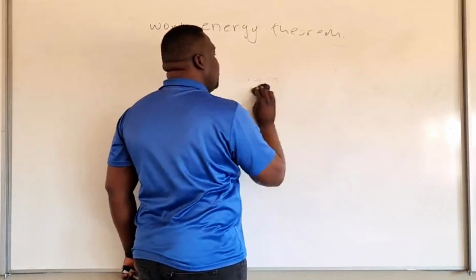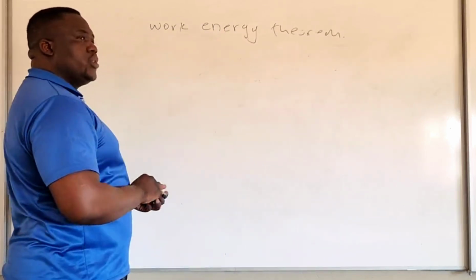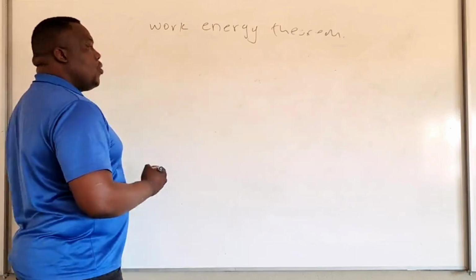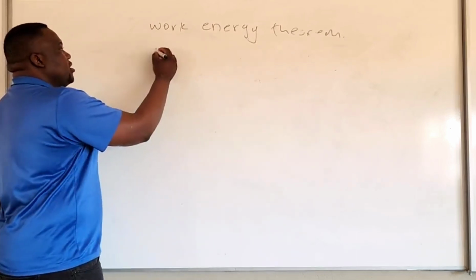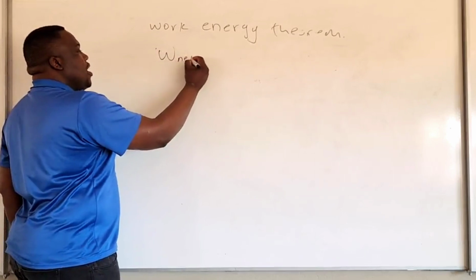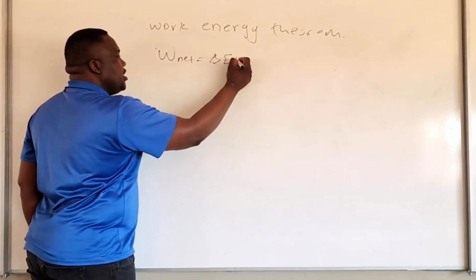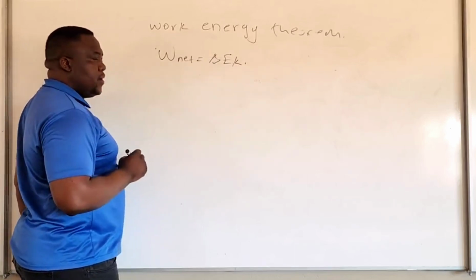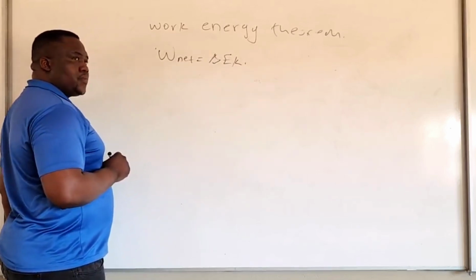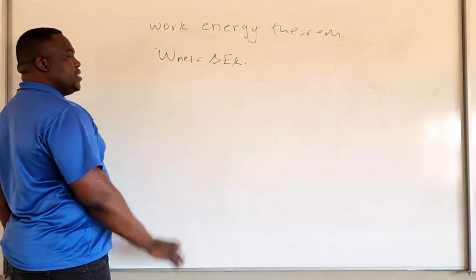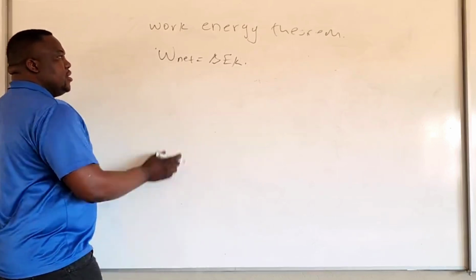Okay, so now we are going to go to the work energy theorem. The work energy theorem states that work net is equal to change in EK, change in EK. Okay, so how do we solve that one?